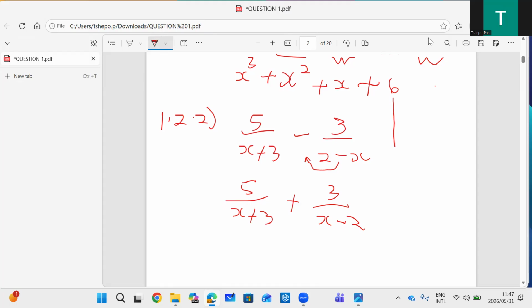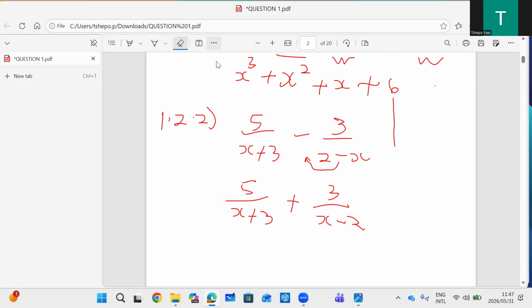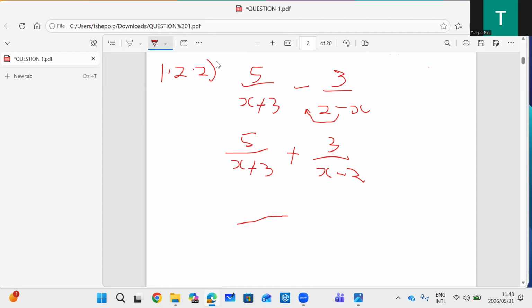We add them. If we add those terms, what is the lowest common multiple? Looking at our lowest common multiple here, it is x plus 3, x minus 2.